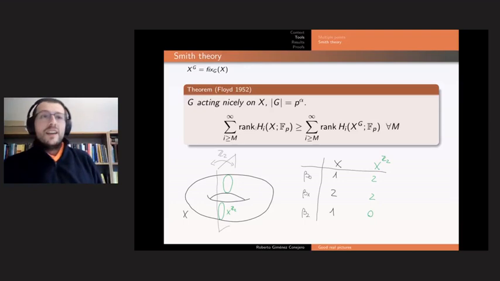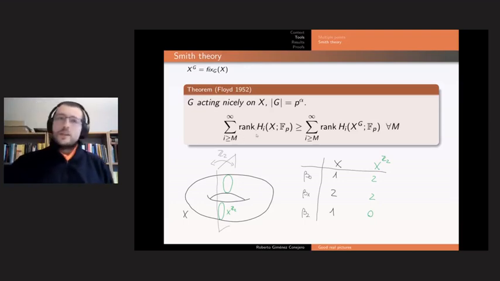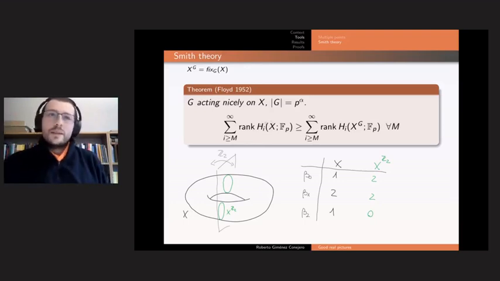In this case, you start by some dimension m, and now you are going to take the sum of all the Betti numbers starting from m to infinity. So you take the Betti numbers modulo p, so with coefficients in F_p, you take this rank of your space, all these Betti numbers of the original space.